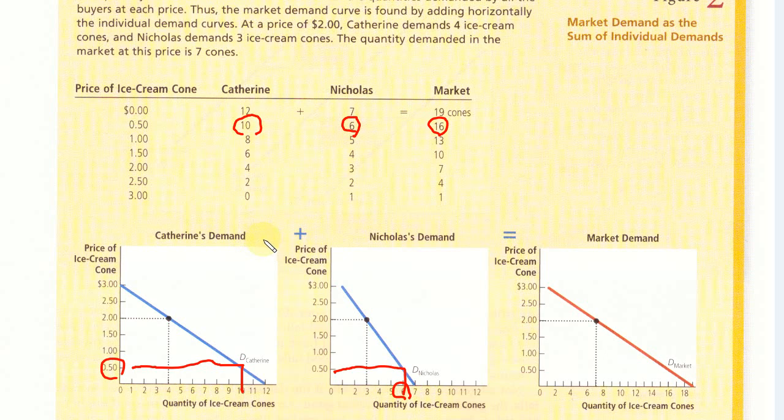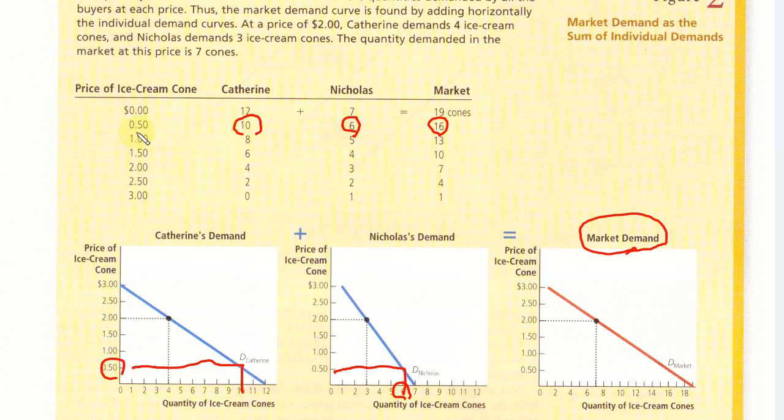We just simplify that only two people are engaged in the economy. So you will learn easily that market demand is just the sum of each demand. In this case, we assume only two people are involved in this economy.